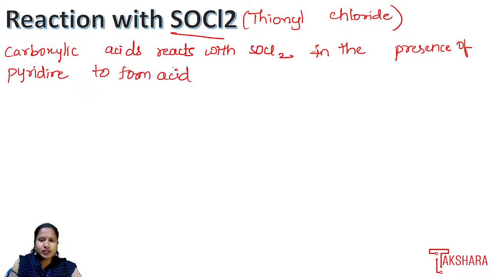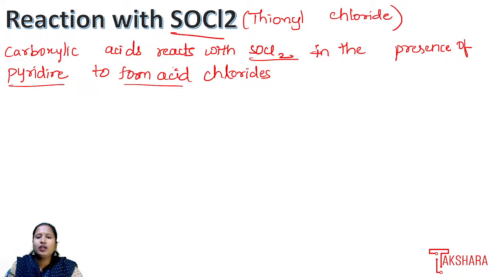To form acid chlorides as a product. So when carboxylic acids react with thionyl chloride in the presence of pyridine, what do we get? Acid chlorides as the product.